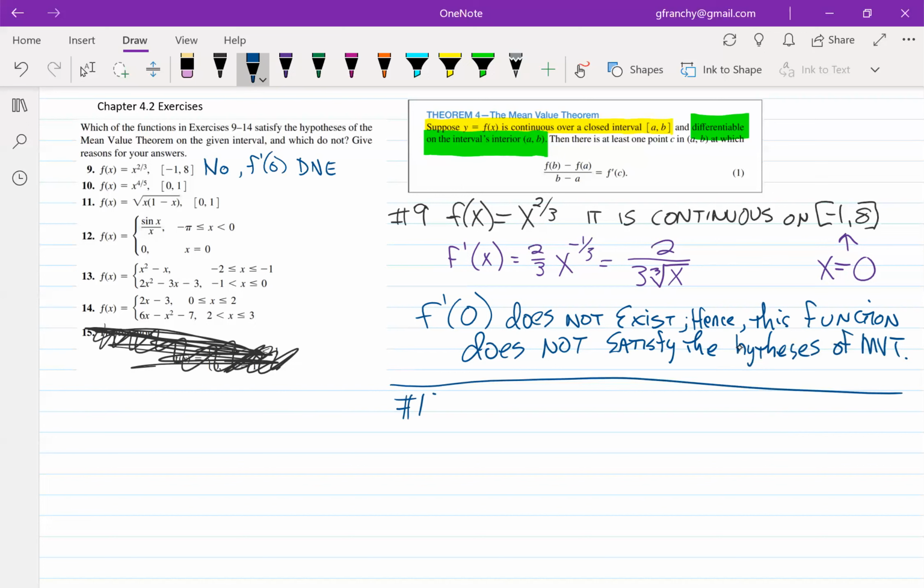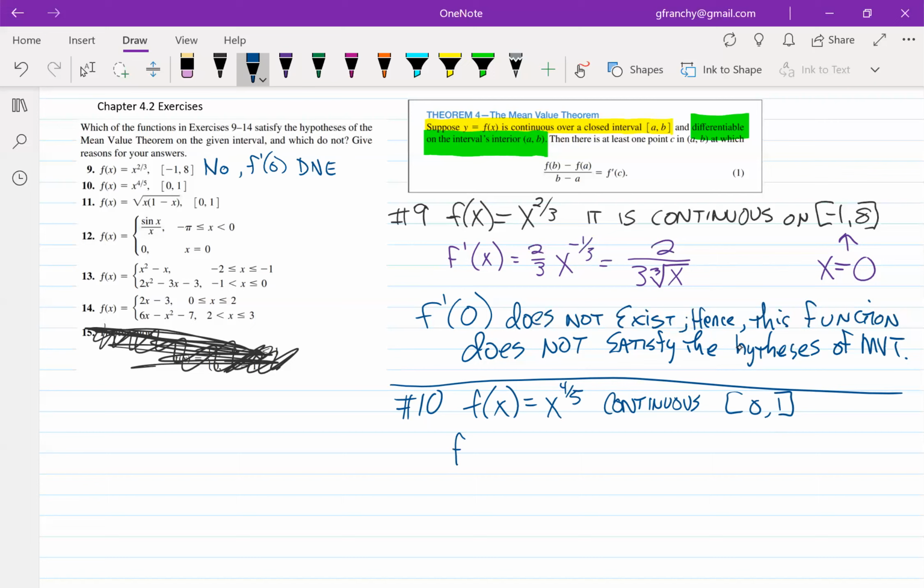Looking at number 10, we might think that we're in the same scenario here. f of x equals x to the 4/5. It is continuous everywhere. So it's definitely continuous on the closed interval 0, 1.